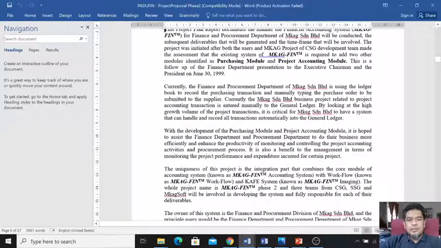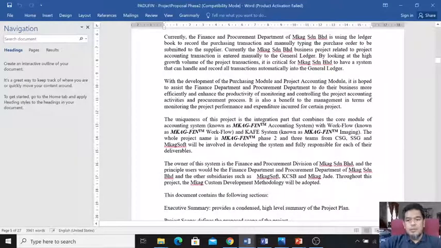In the second paragraph, they touch on the finance and procurement document department, which section in the company. So the MKAG Sdn Bhd company will use this system. The third paragraph talks about the modules, and the fourth talks about the uniqueness of the proposed system to be developed and used by MKAG Sdn Bhd.